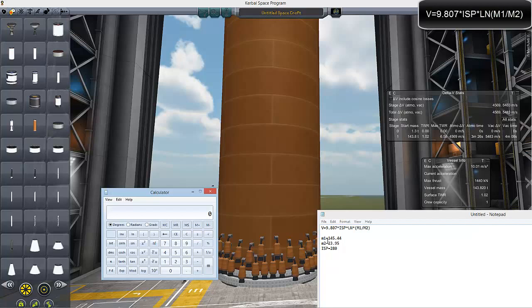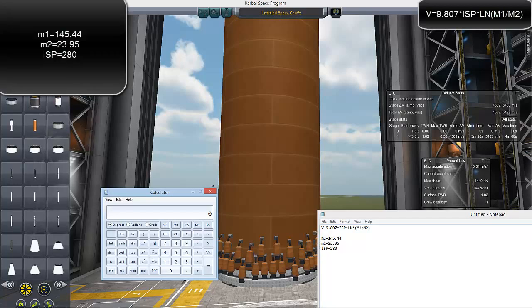So here, M1 equals completely with the fuel and everything, which is 145.44, and without the fuel we got 23.95, so the entire weight's almost in fuel.